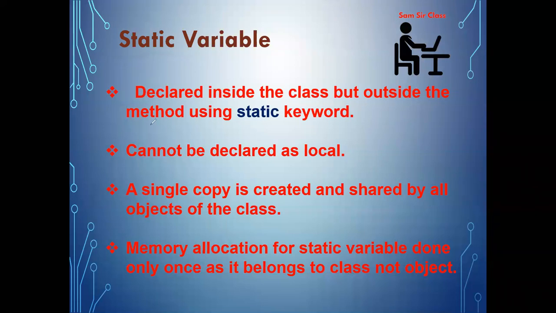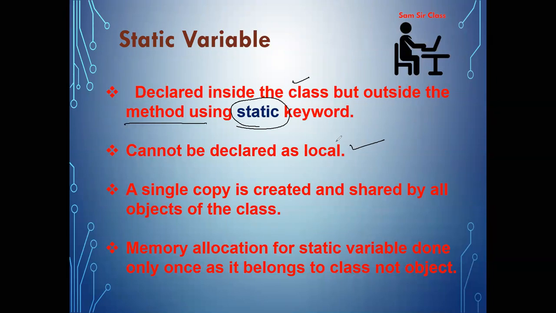Now coming to the last one, the static variable, very important. It is declared inside the class like the instance variable, but outside the method, using the static keyword. Clear? It cannot be declared as local, because every static variable is common to all the objects. A static variable is not for individual objects; it is common to all objects.